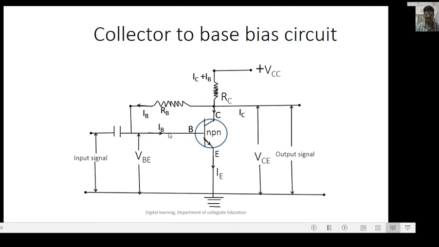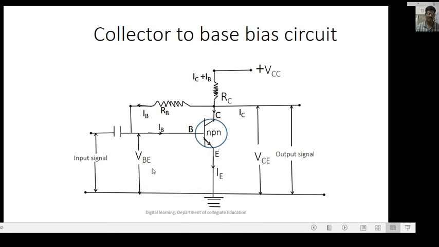Here IB is the base current and IC is the collector current. Here already I told about the NPN transistor, because the arrow mark indicates that the current flows from base to the emitter, or from the transistor to the ground. So VC is the voltage measured across the ground and the collector point in the output section.